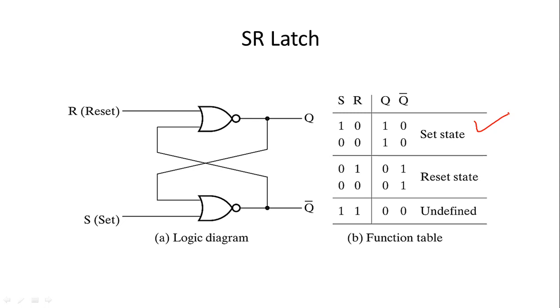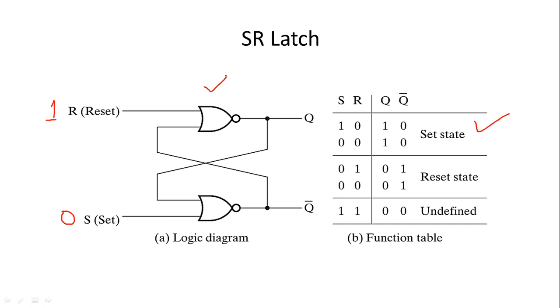So for resetting, we need 0 as S and 1 as R, because we want to reset it. So for resetting, we need 0 as Q and 1 obviously as Q naught. Now we'll start from our first NOR gate.